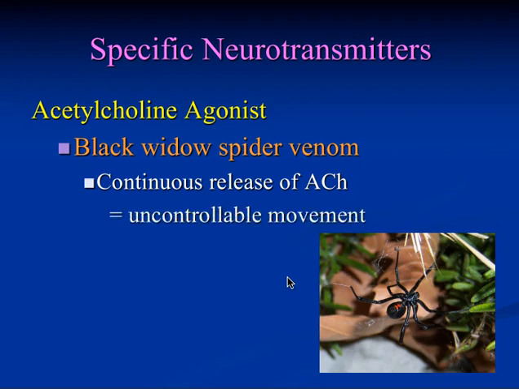This will continue for a while until the acetylcholine is actually all used up and there's no more left. And then at that point, you'll get the opposite effect, which is paralysis. Because tons of acetylcholine, spasm, spasm, spasm, uncontrollable movement, and then it's all gone, and now you get paralysis.